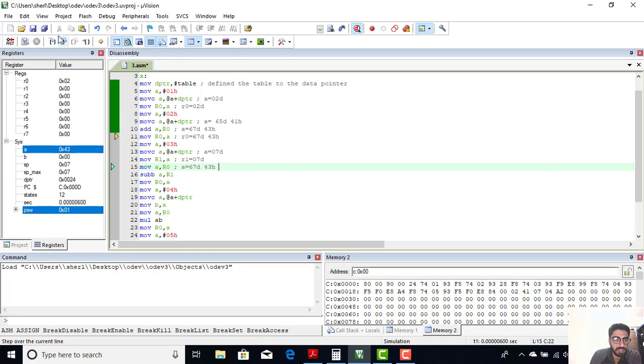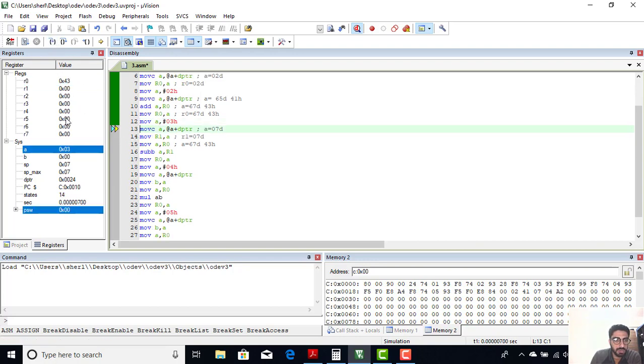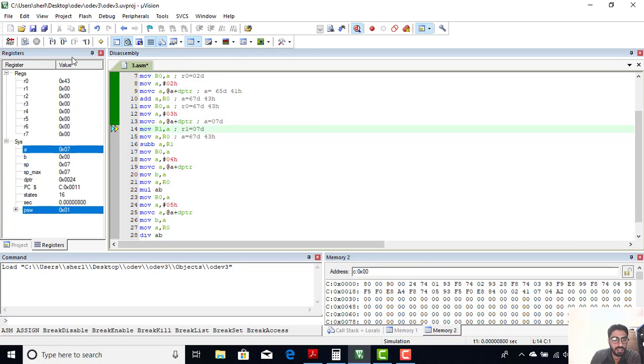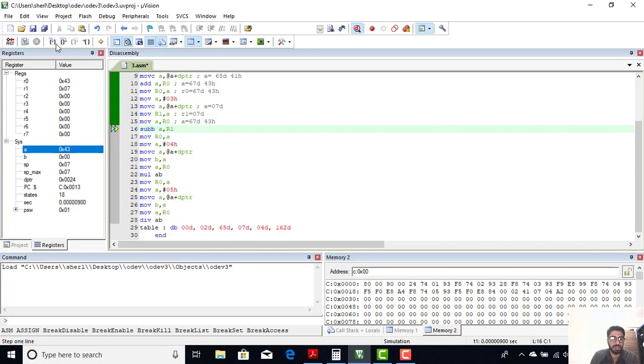Now let's run the program. Now A is equal to 3. Okay, now A is 3, then move it again, and now R1 is equal to 07 after picking the value and putting it in the R1 register. Then R1 here is equal to 7, decimal or hex, whatever. And now we are subtracting.